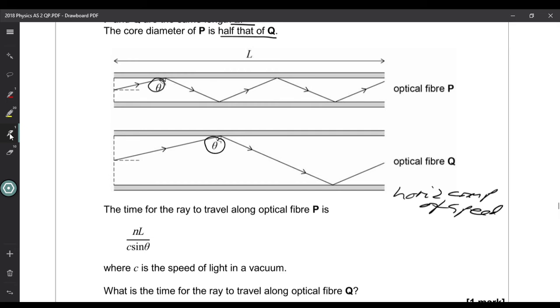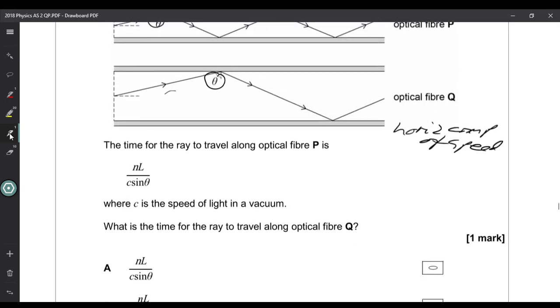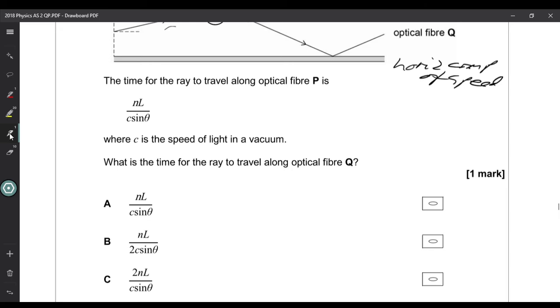It doesn't matter about the width of these two pipes. The horizontal speed is going to be the same. So because they're the same length, then the time to travel is going to be the same in both instances. So the answer is going to be A.